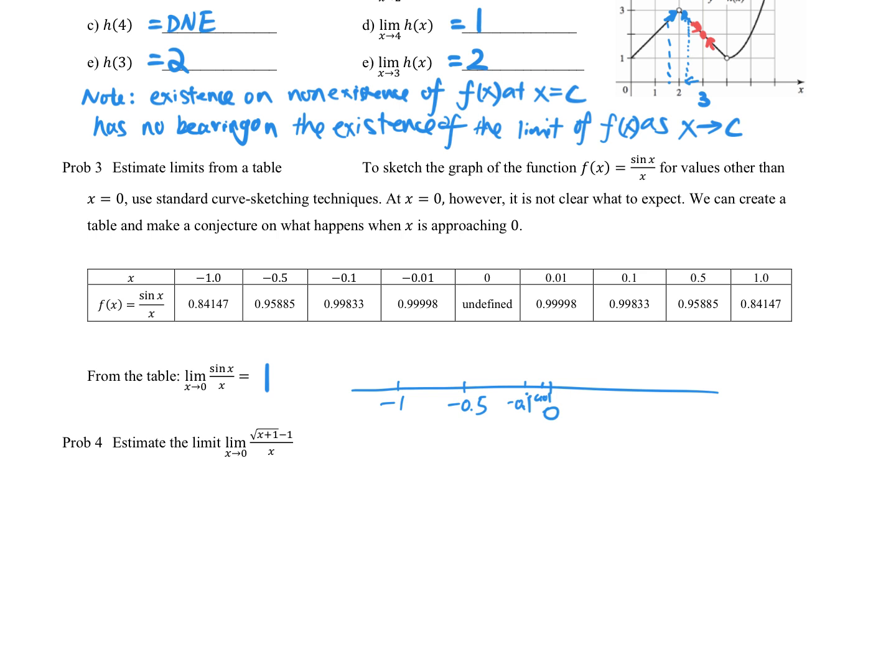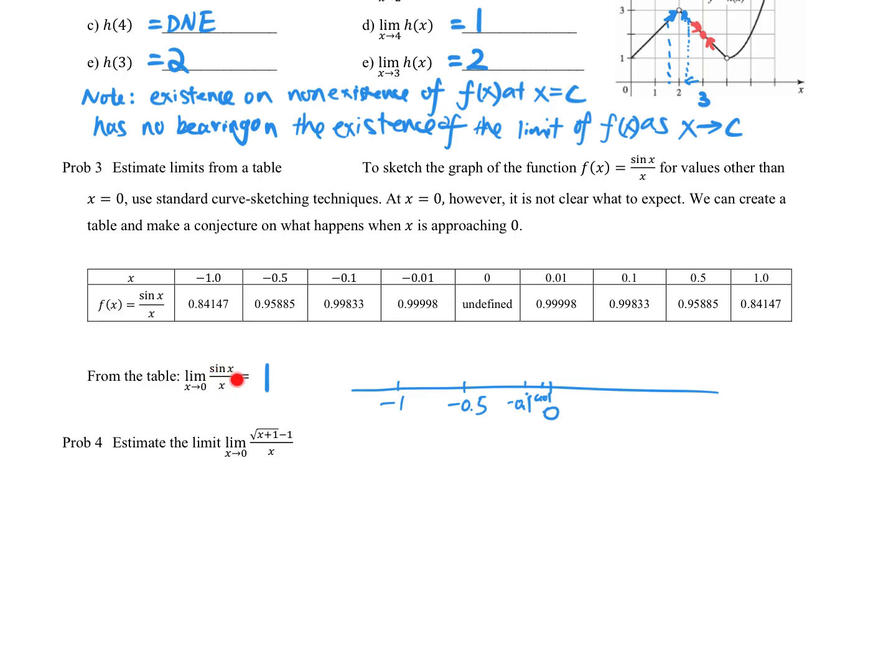But does it always work using the table? We'll talk about it later. But for now, that's what we observe. By the way, how do we actually verify that this is correct? I strongly encourage you, after you make the table and make the conjecture, to use your graphing calculator, make a graph of sin x over x and see what happens.